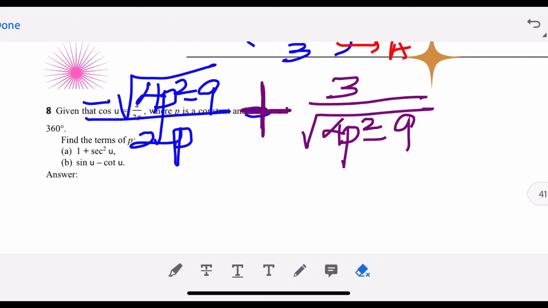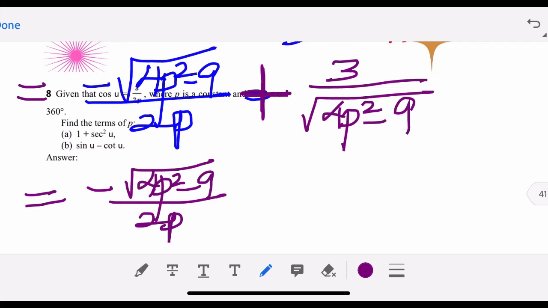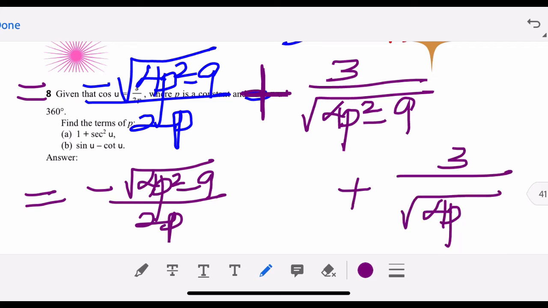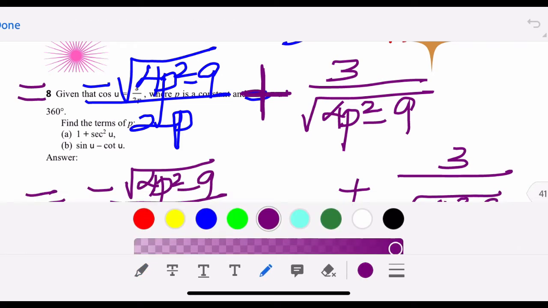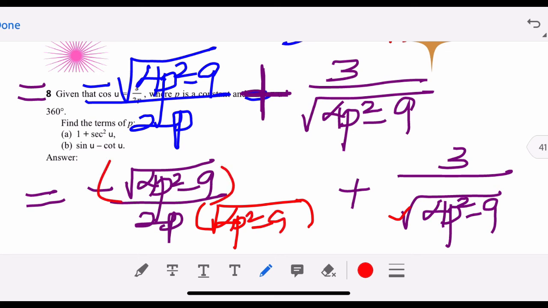Now we need to make sure the denominator is the same. Because the denominator is not the same, we cannot join them. So first of all, to make the denominator the same, we multiply this term by square root of 4p squared minus 9, same thing up and down.